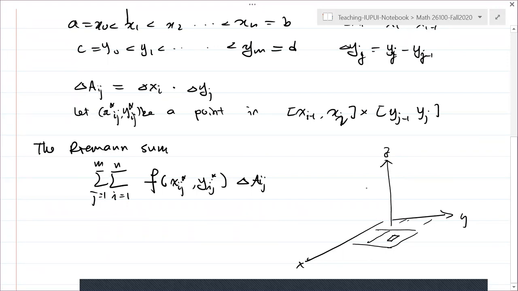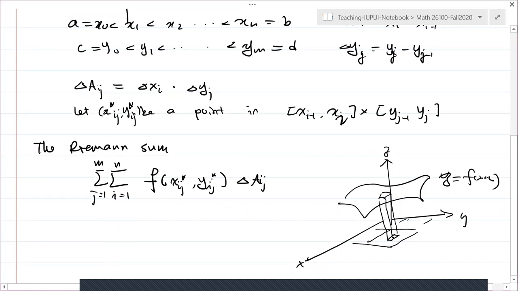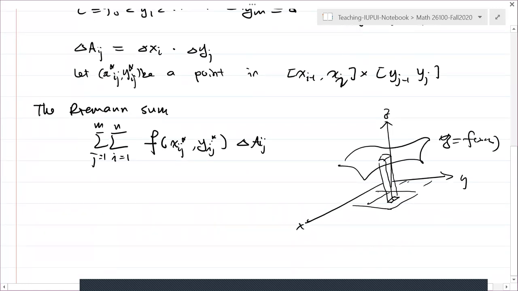The graph is z equals f of x, y. So there's a small piece, a kind of cylinder type, with a rectangular base, and the height of this one is almost equal to f.